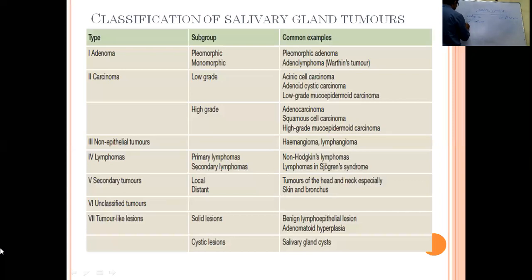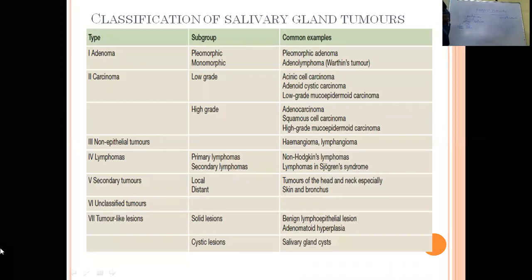Then you have monomorphic. Monomorphic are not important for you, so don't bother about them. What is important for you is pleomorphic.